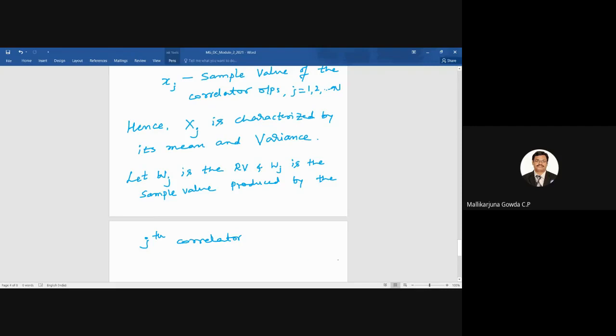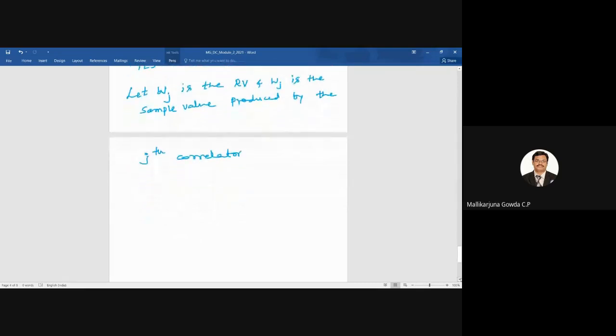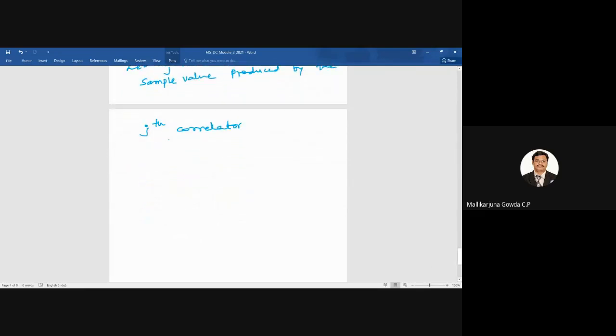How is this sample function produced? It is in response to the white Gaussian noise. I can say that the wj sample value I get at the output of the correlator is in response to the white Gaussian noise, that is capital W of t.